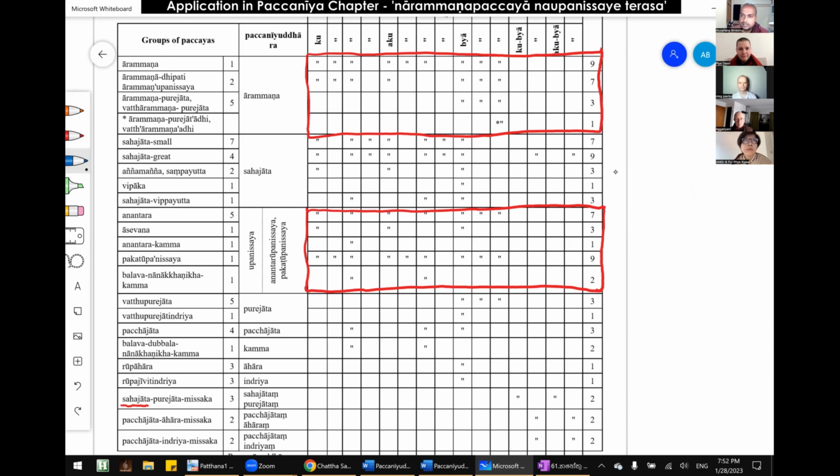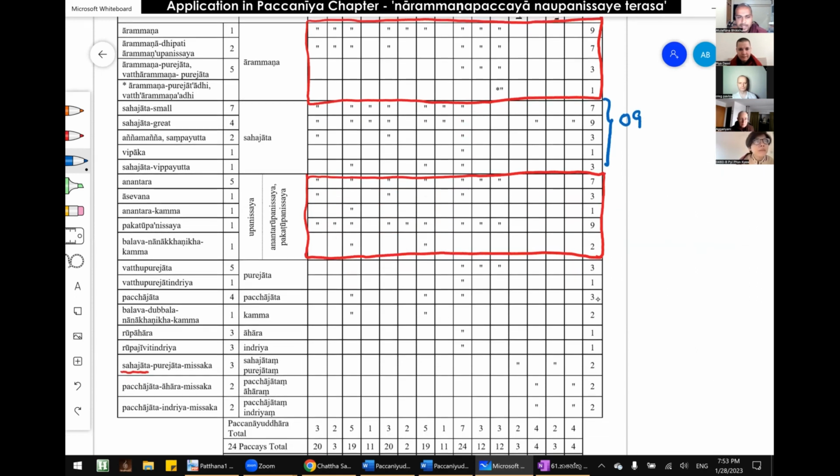When you remove the Nārammaṇa, all the paccayas in the Nārammaṇa group are removed. When you remove the Upanissaye, all the paccayas in the Upanissaye group are removed. So now we are looking at the nasahajāte group. In this group, what is the most number which comes under Vissajjanās? 9, right? So all the other paccayas are included in the Vissajjanās in the nasahajāte group.